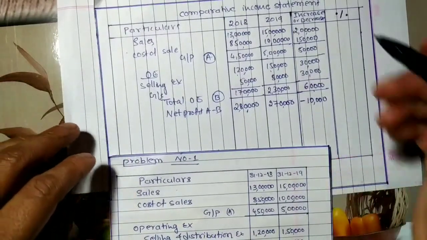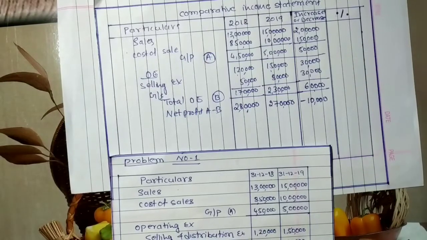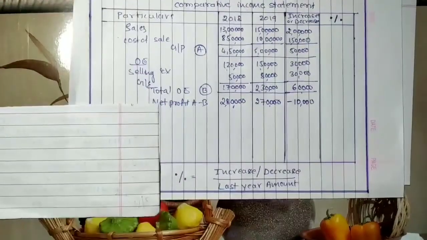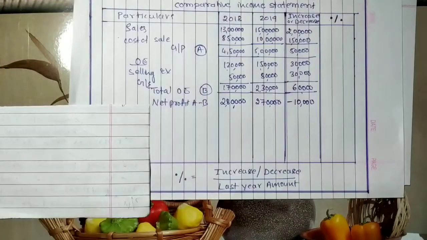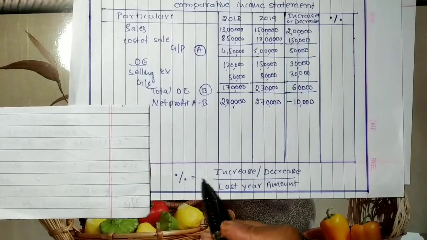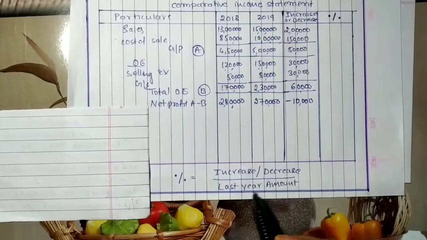Now we have to find out the percentage. How do we find out the percentage? Let's go through that. For finding a percentage, you have to learn by heart a formula, that is percentage is equal to increase or decrease divided by last year amount into 100.